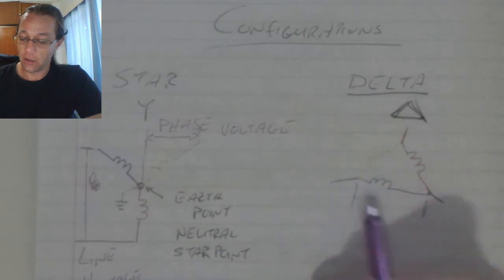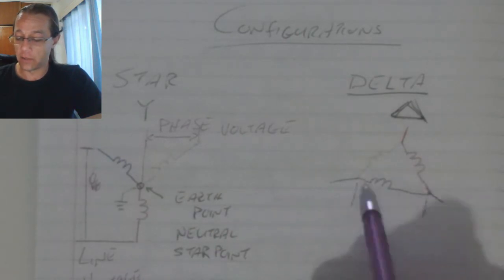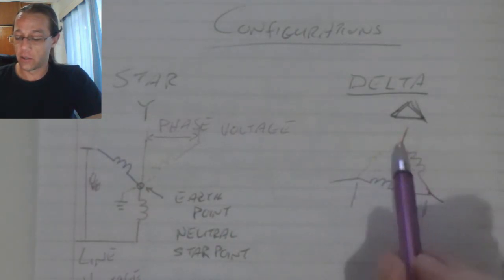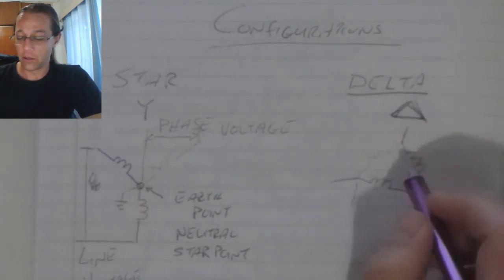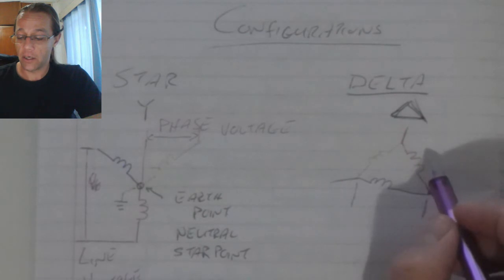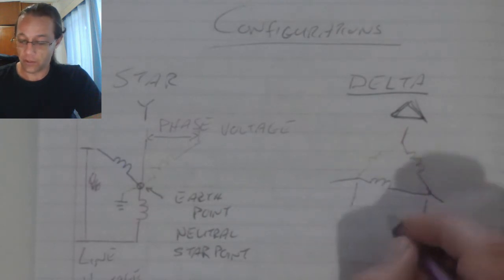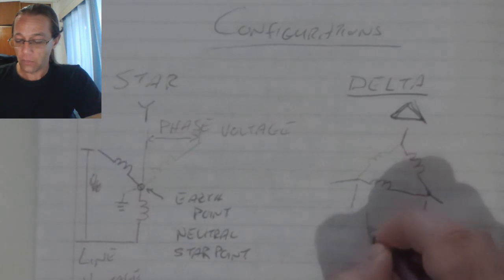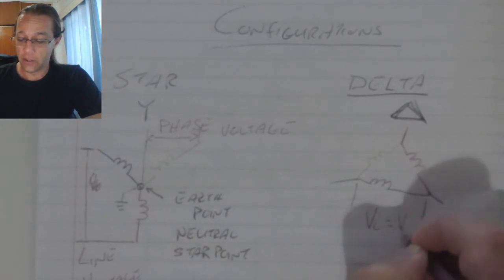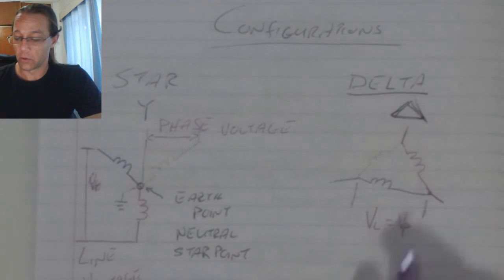So we can see that in this system, the phase voltage and the line voltage is going to be equal. So the delta configuration is primarily used as a current configuration, because my line voltage and my phase voltage is going to be equal, because they are technically parallel.